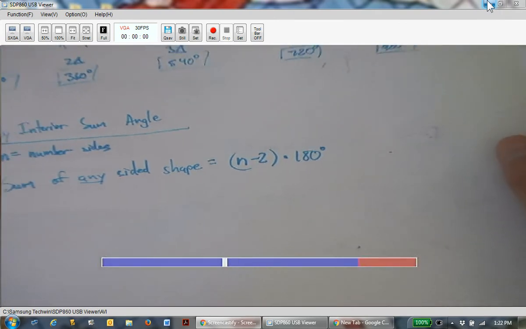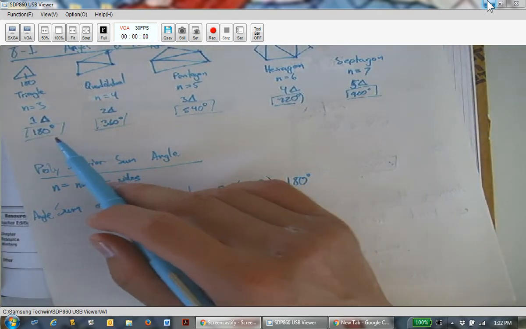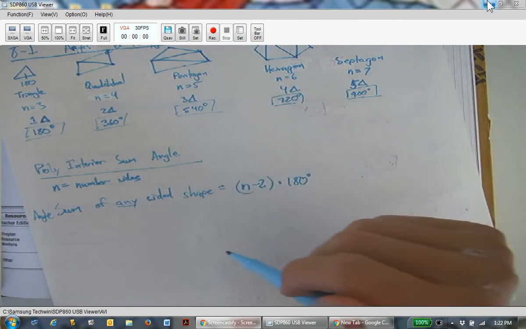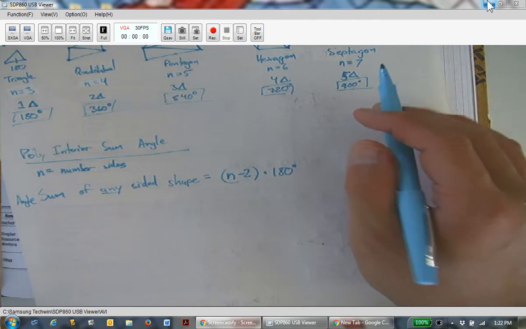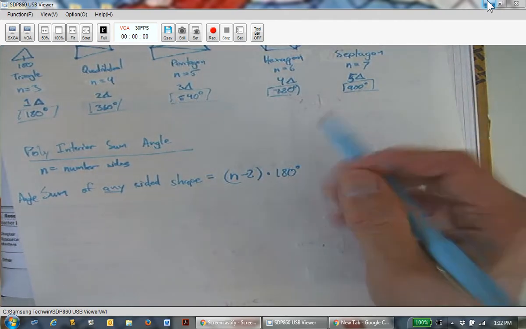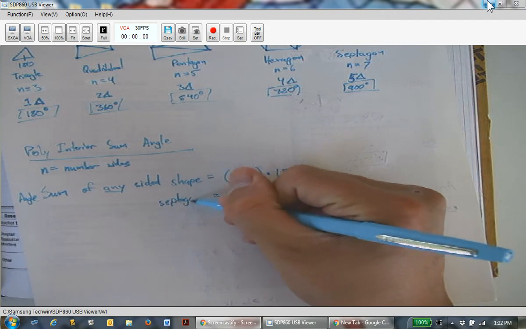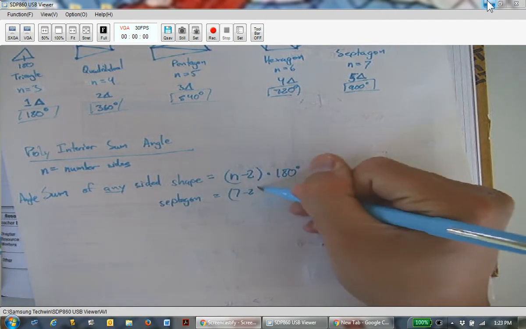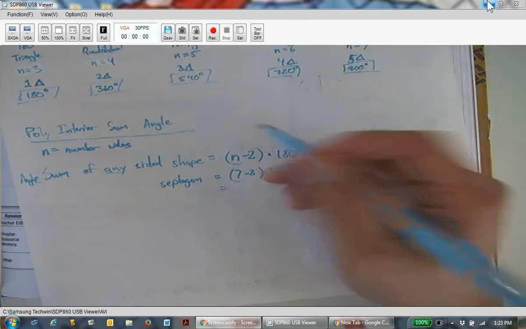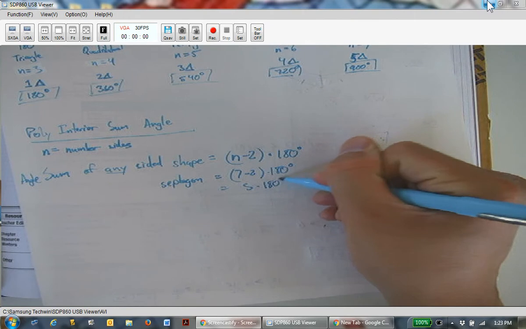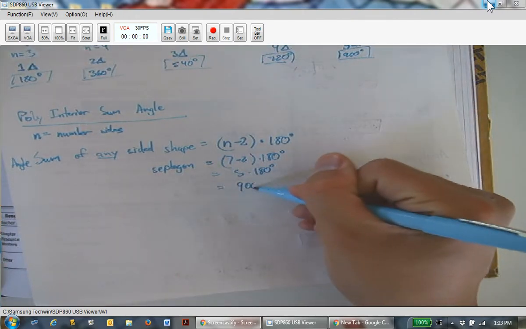So let's take an example. Again, pick whichever one you want. Triangle, quadrilateral, pentagon, hexagon, or septagon. Out of these guys. A septagon. So if I wanted to find out how many degrees was in a septagon, what would I plug in for n? For a septagon, I'd say 7 minus 2 times 180. And then what is 7 minus 2? 5. And then 5 times 180 would be 900.